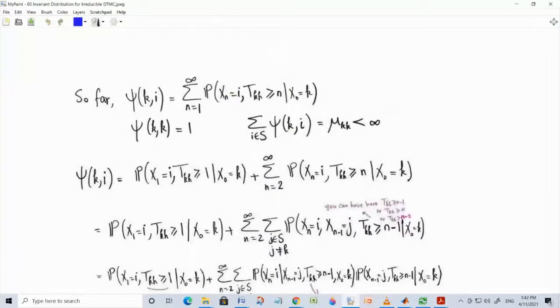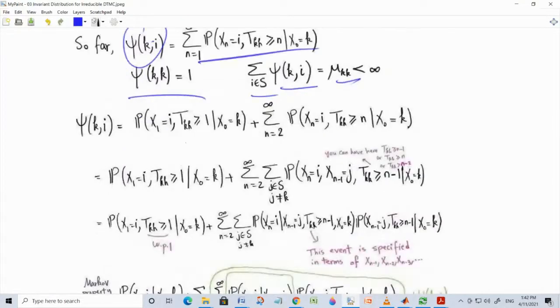Okay, so far we have this epsilon ki, which is given by this quantity. Again, average number of visits from k to i before revisiting k. If we put i equals k, epsilon kk is equal to 1, because with probability 1, state k will be revisited sooner or later, and then the sum over all states is basically the mean recurrence time, which is finite. So now let's do this splitting.